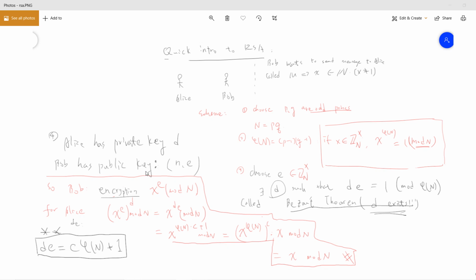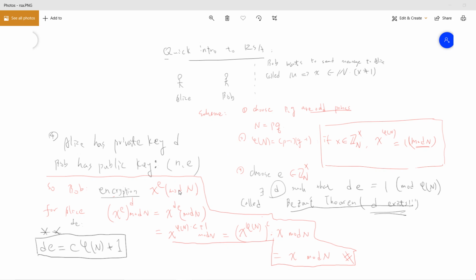In order to make RSA work, Bob needs to publish n and e, right? So everybody can see them. Once Alice knows e, Alice can compute d easily, because Alice knows p and q and can compute this Euler phi function very easily.